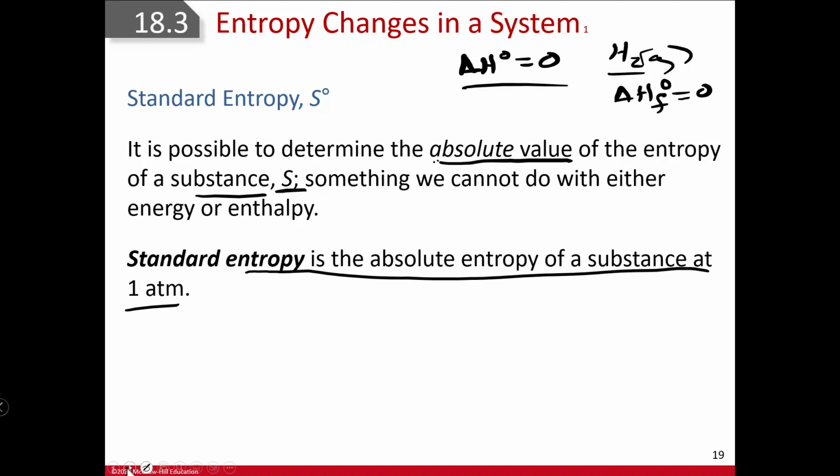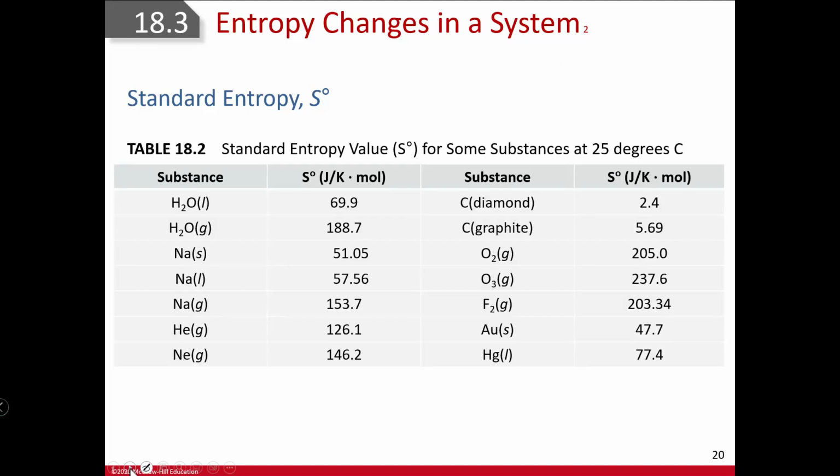All right? 0 Kelvin, no movement, crystalline solid, so it's very structured. It's not random. It will have a standard entropy of 0. So everything beyond a perfect crystalline solid at 0 Kelvin is going to have a positive entropy value.